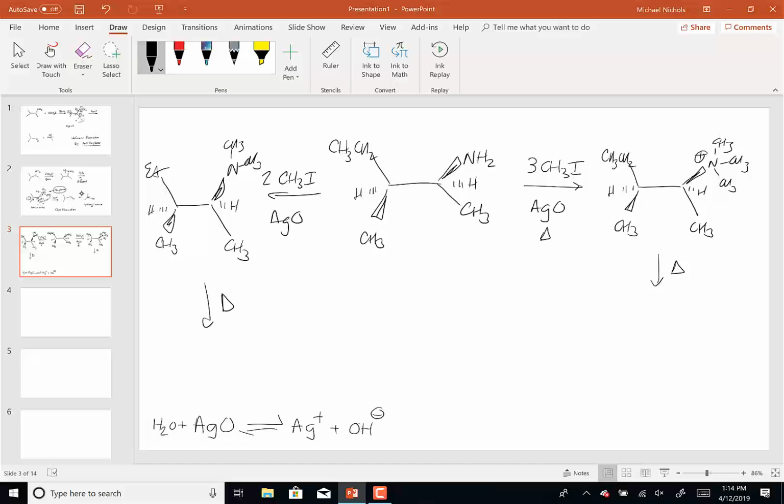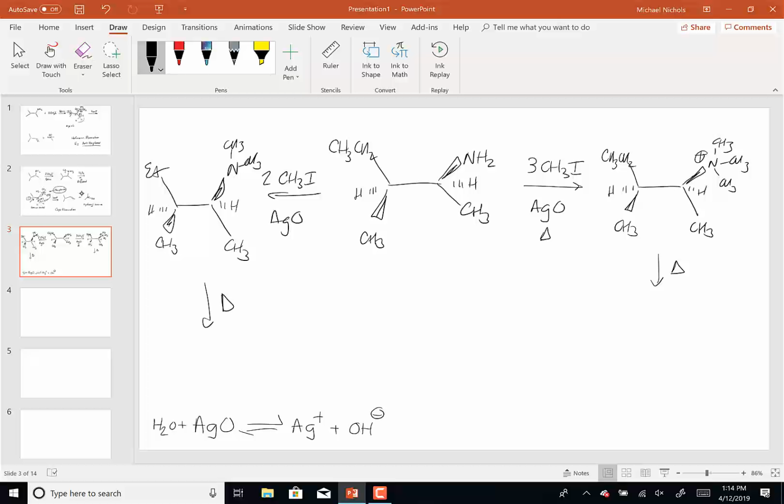Now that's an equilibrium, so when I add my first methyl group to the amine, it forms the ammonium salt. That ammonium salt will react with whatever hydroxide has dissolved in solution to neutralize it. And then the silver oxide just produces more hydroxide as necessary to neutralize any ammonium salt, so I don't have to keep adding hydroxide.